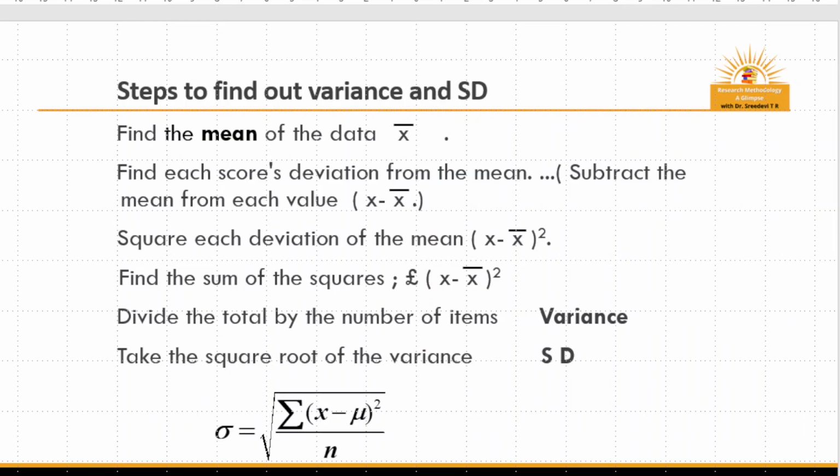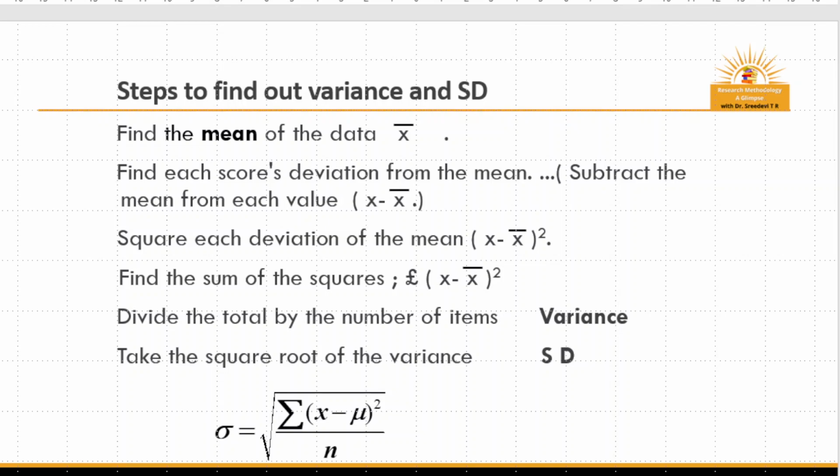Find the mean of the data, x bar. Find each score's deviation from the mean. Subtract the mean from each value, that is x minus x bar. Square each deviation from the mean, x minus x bar whole squared. Find the sum of the squares, that is sigma x minus x bar whole squared.